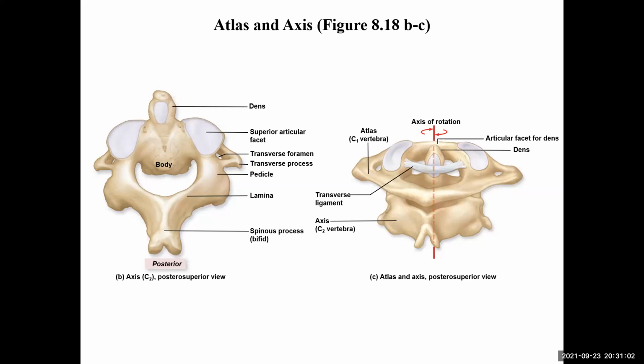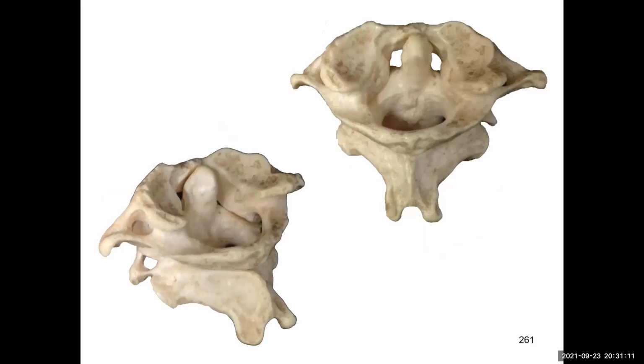All right, there's tons of muscles in there, so it's not like it's just hinging on that one ligament. There's other things involved. So you should have this picture in your book, and you can see that in your lab atlas, how the two vertebrae are going to be in position with one another.